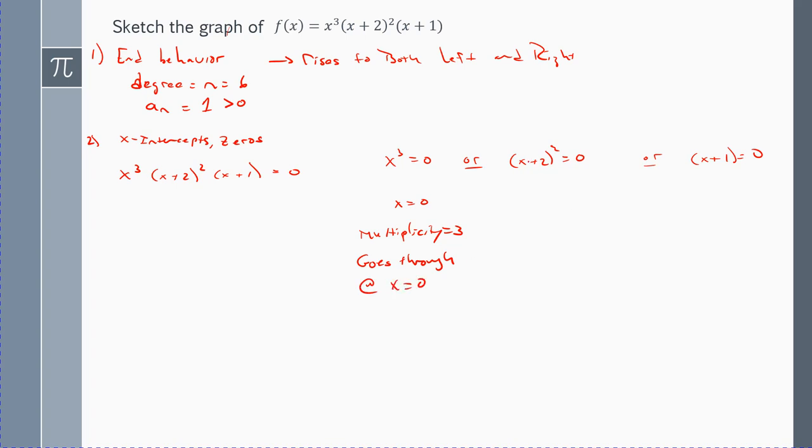Here, when you solve x plus 2 equal to 0, you get x equals negative 2. But look, the multiplicity is 2. What that means is it's going to turn at negative 2.